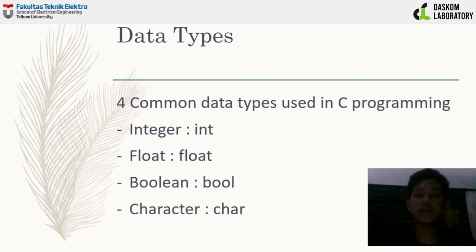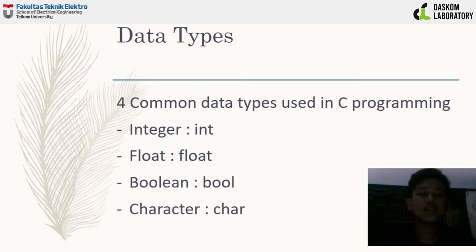There are four common data types used in C programming. The first is integer, commonly written as int. Second is float, commonly written as float.